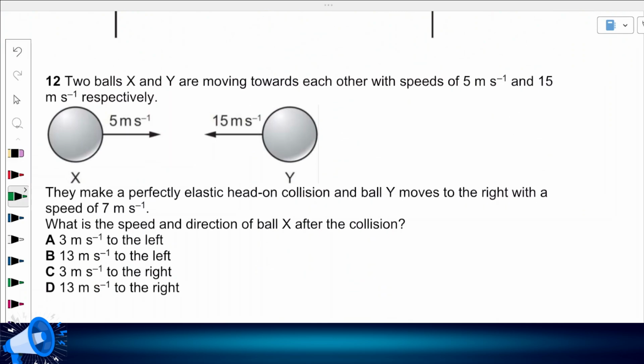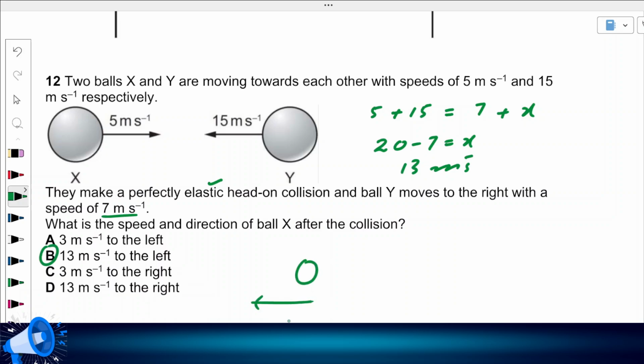Okay, then you have the next one. It is a perfectly elastic collision, so relative speed of approach should be equal to the relative speed of separation. So y is moving to the right side, and we don't know the speed of x. So 20 minus 7 equals x, which is 13 meter per second, and it should be to the left.